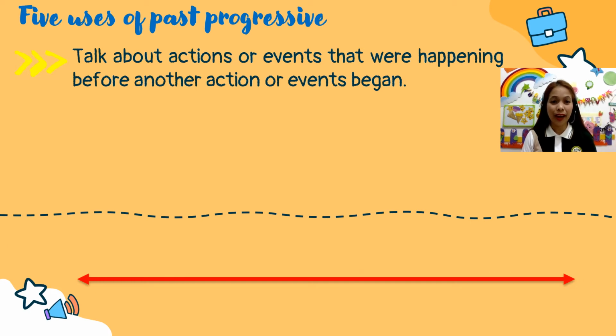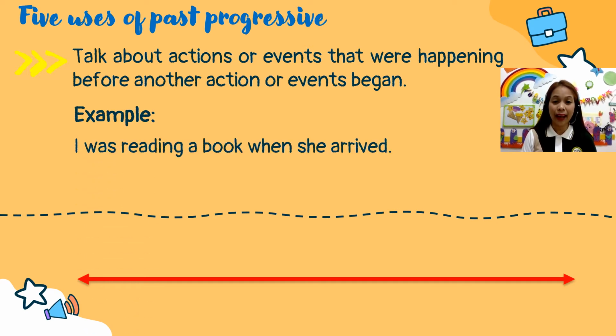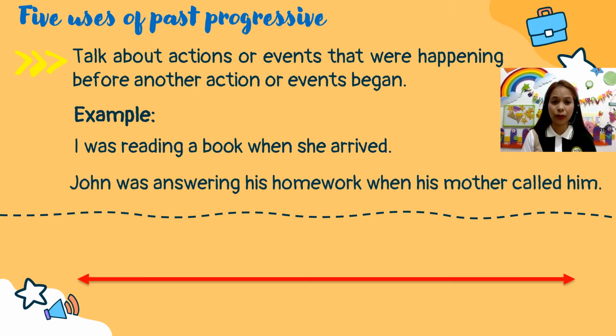Let's talk about 5 uses of past progressive tense. Number 1, to talk about actions or events that were happening before another action or event began. Okay? Example, I was reading a book when she arrived. John was answering his homework when his mother called him.